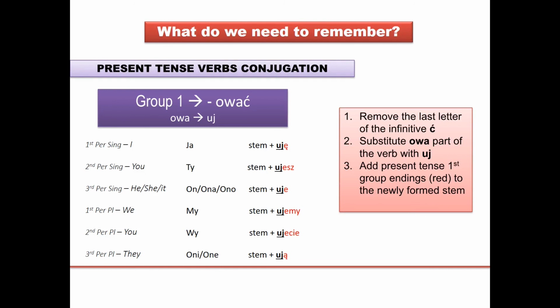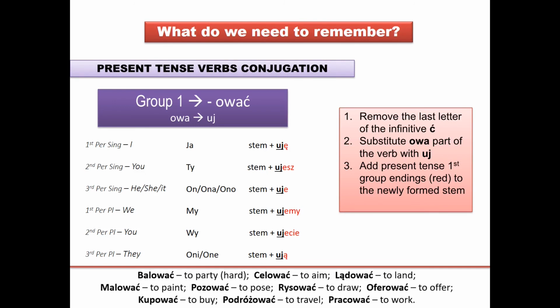And you can also conjugate lots of verbs that follow this pattern, and I've listed some of them below here, like balować, which is to party hard, celować, to aim, lądować, to land, malować, to paint, pozować, to pose, rysować, to draw, oferować, to offer, kupować, to buy, podróżować, to travel, pracować, to work.